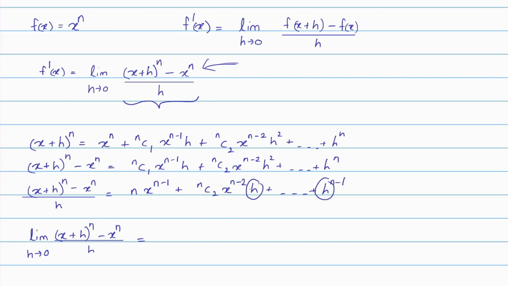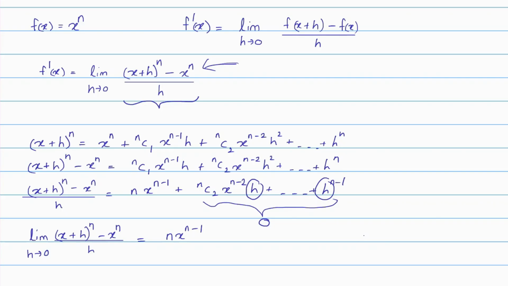When all of that goes to 0, these terms get cancelled out and become 0, leaving us with just n x^(n minus 1).